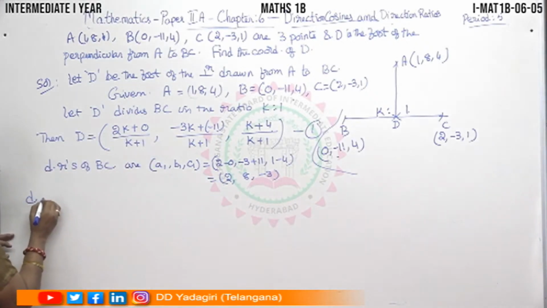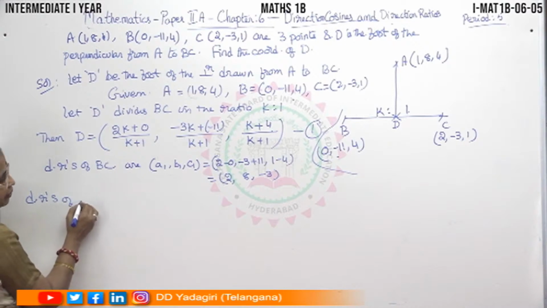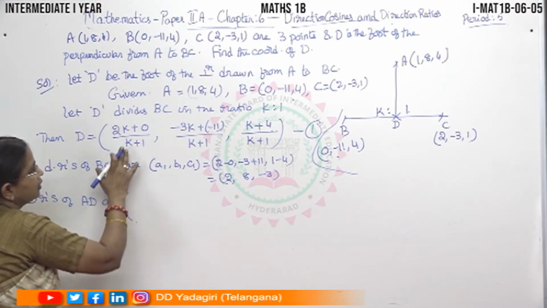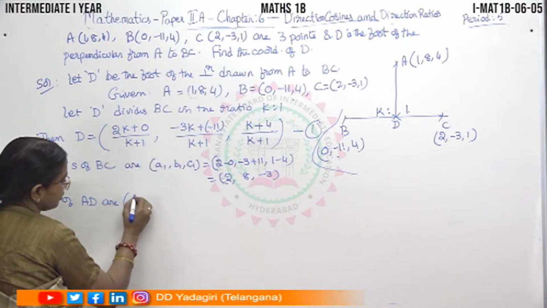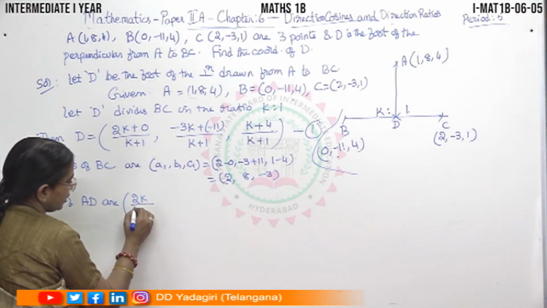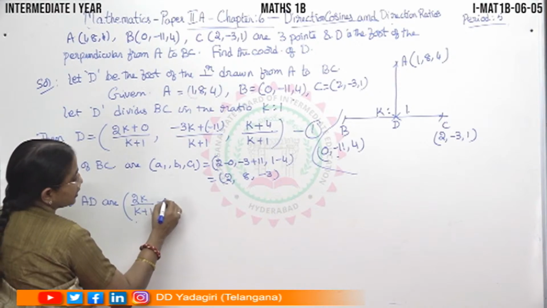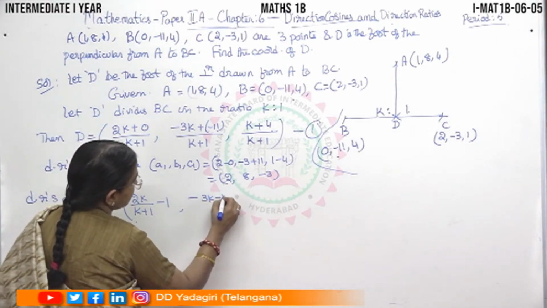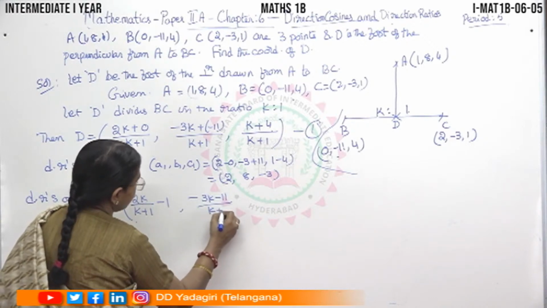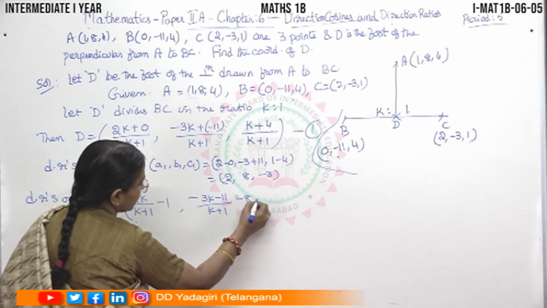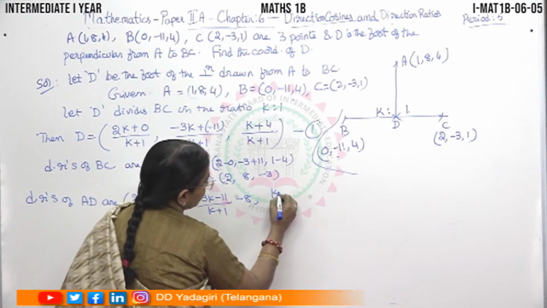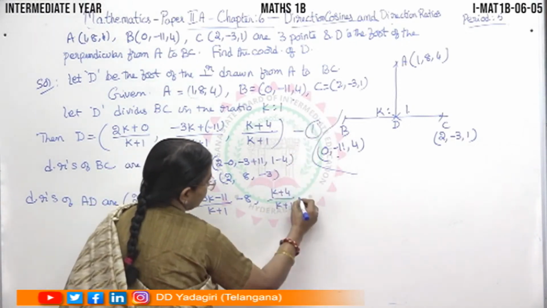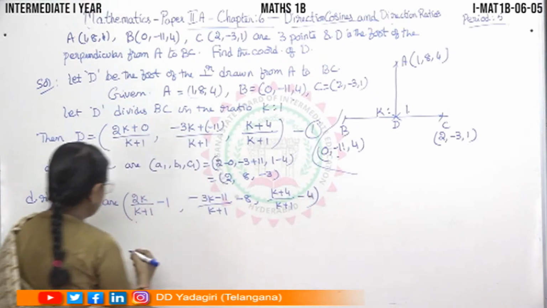Now we'll write the direction ratios of AD. Direction ratios of AD are x2 minus x1, which means 2k/(k + 1) minus 1, then (−3k − 11)/(k + 1) minus 8, then (k + 4)/(k + 1), and z2 minus z1 is 4. Now we'll simplify.